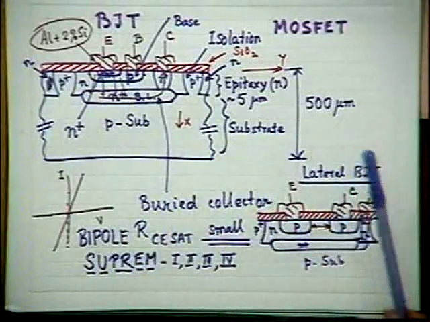This is very popular now, and Bipole versions 1, 2, 3 are available. Using that, where the SUPREM output is the input of Bipole, you can now calculate the transistor parameters very efficiently with a lot of accuracy.